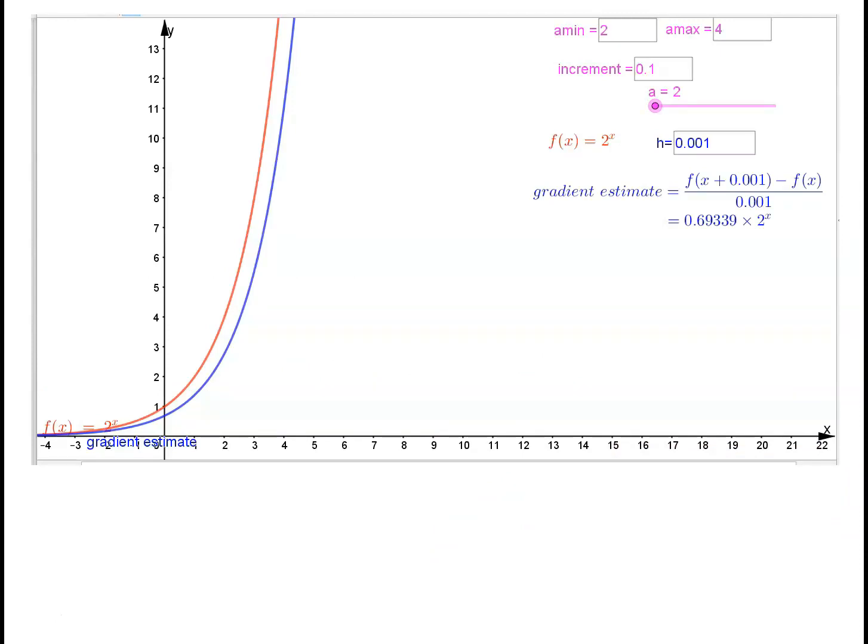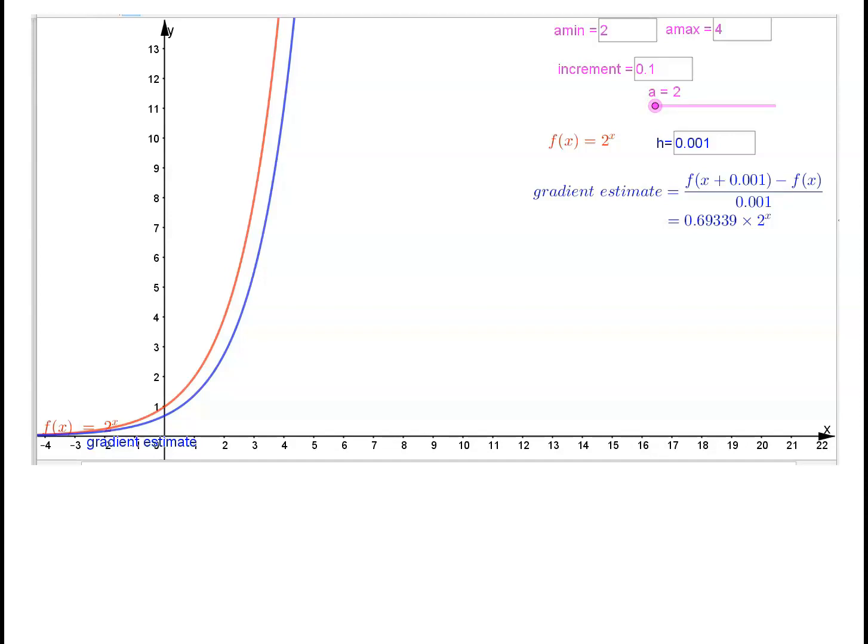So, looking at our GeoGebra here, we've got the graph at the moment of y equals 2 to the x. So we're looking at the function f of x equals 2 to the x as the red function, and the blue function is our gradient estimate curve for 2 to the x, using a value of h of 0.001.